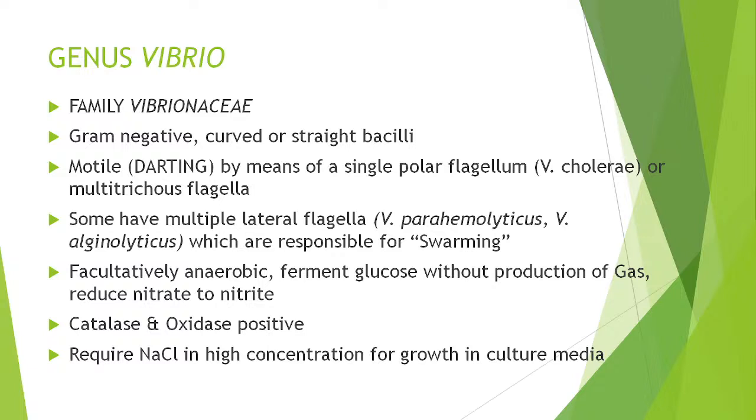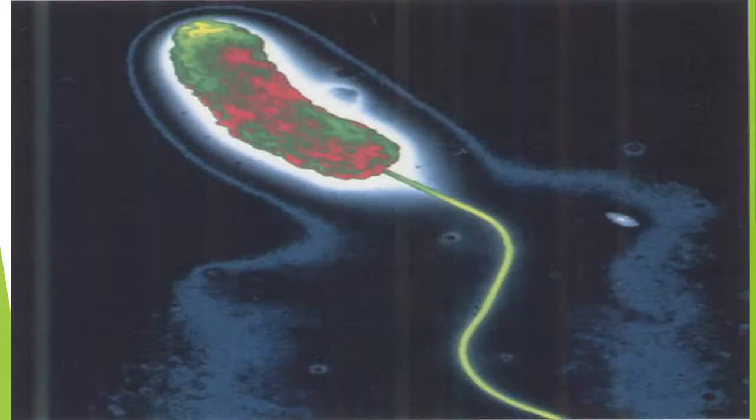Okay. So these are certain general characteristics of genus Vibrio. This is just like the bacteria, slightly curved bacilli. On a gram staining, sometimes it is not easy to appreciate the curved nature, and flagella is obviously not seen.